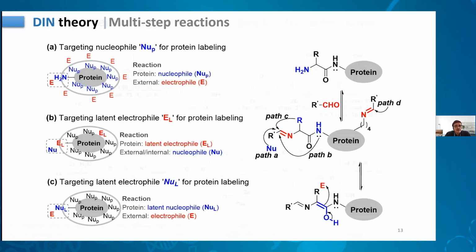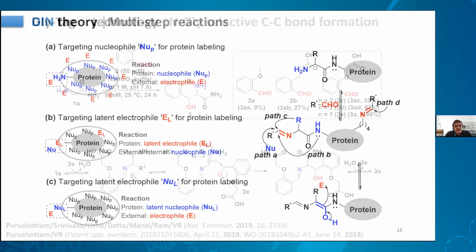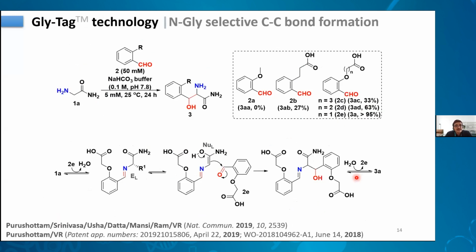So we took glycine and treated it with a very special aldehyde that has a hydrogen bond acceptor in the proximity. And under physiological conditions, it ends up giving us amino alcohol products.